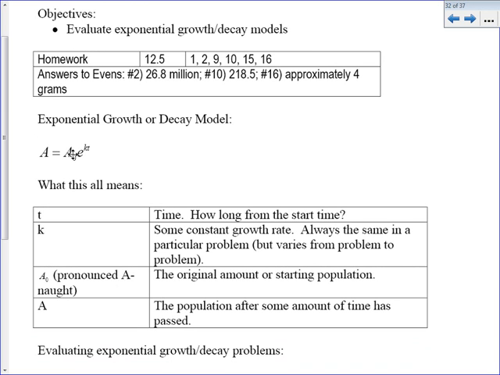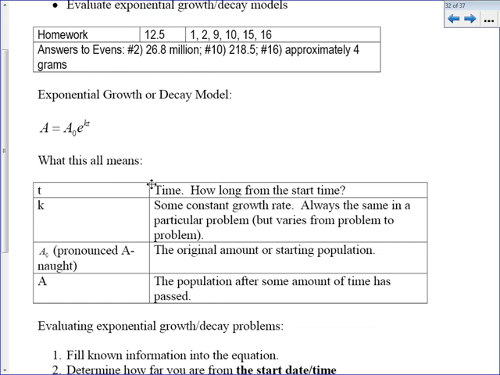So A equals A naught times e to the kt. That number e is in our exponential growth and decay, and it has an exponent of kt, where t is a time, and k is some constant that will be given to you. So k is a constant that you'll get. Time, we're going to have to figure out how long it's been since we started.